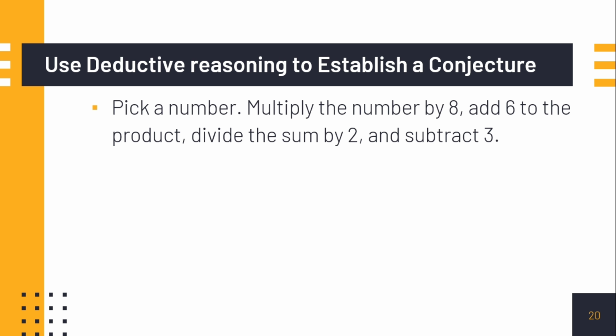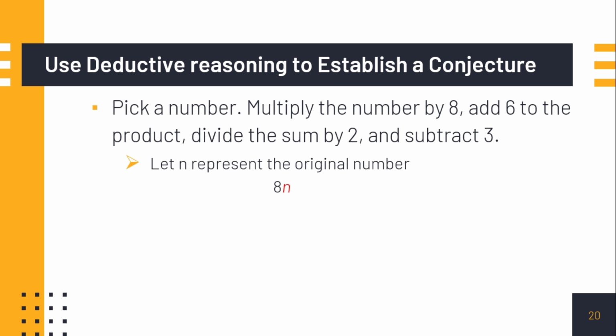Another, use deductive reasoning to establish a conjecture. For example, pick a number. Multiply the number by 8, add 6 to the product, divide the sum by 2, and subtract 3. So, our goal here is to find the procedure. Let's say n is the representation of the original number.